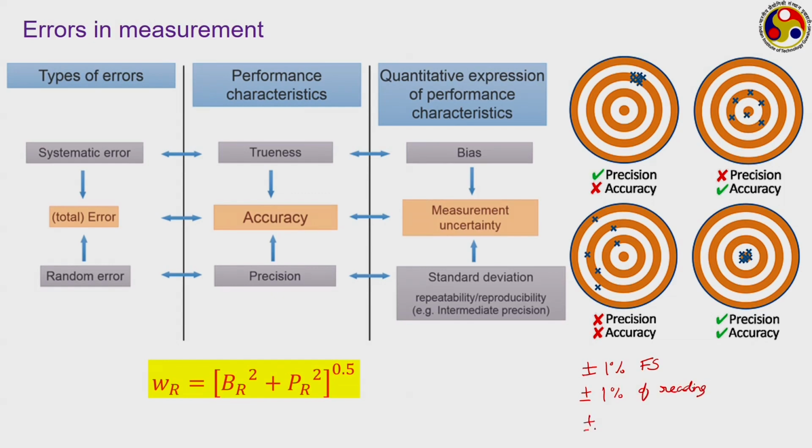Or the other one, plus minus 1% of an absolute quantity, like say plus minus 1% of 5 kilopascal. Both of these two will lead to a fixed quantity of error in any measurement, independent of the measured quantity being small or large, whereas this one will keep on varying. Error will be small for small output magnitude, and large for larger output magnitude. But I come back to this particular one.